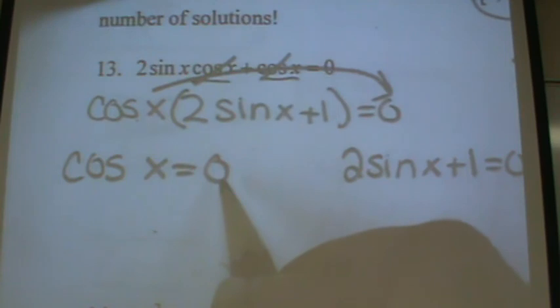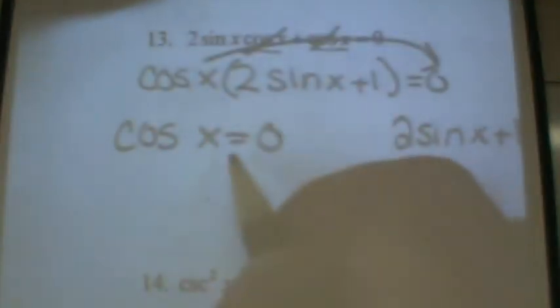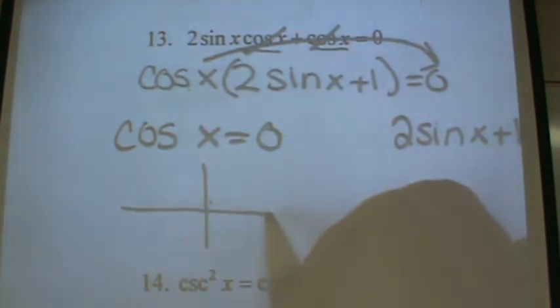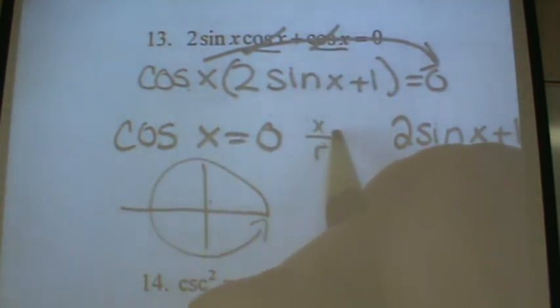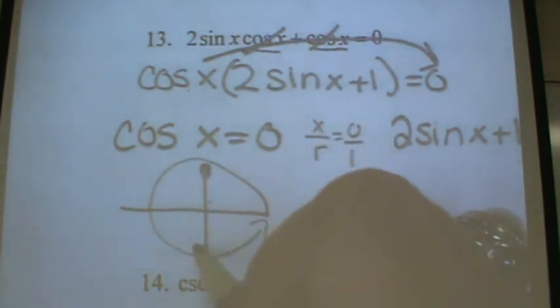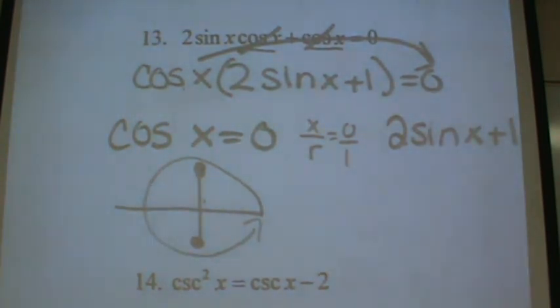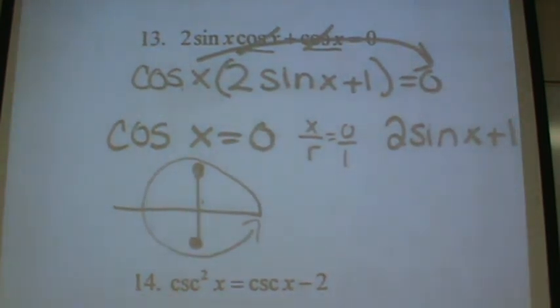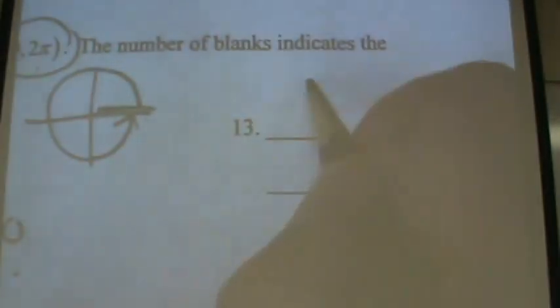These are all radians. I want to know in this circle here, from here to here, where is the x over r value a 0 over 1? In other words, where is the x value 0? Here and here. So pi over 2 and 3 pi over 2.